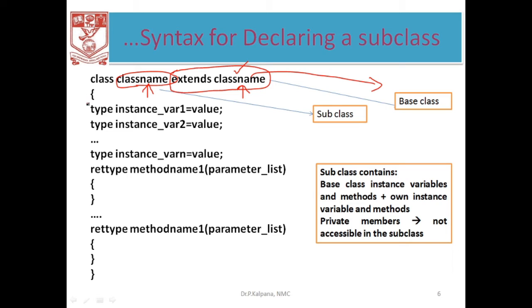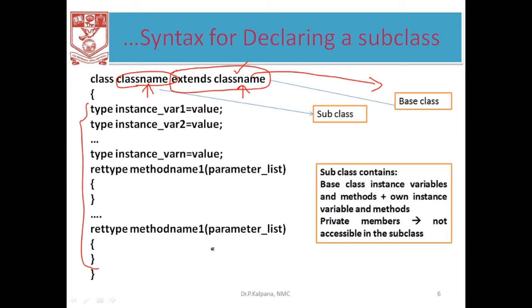And all other things which we are going to incorporate inside the class remain the same as the base class declaration. But the only difference here is that the base class normally contains instance variables and methods, whereas the subclass contains the base class instance variables and methods and its own instance variables and methods.